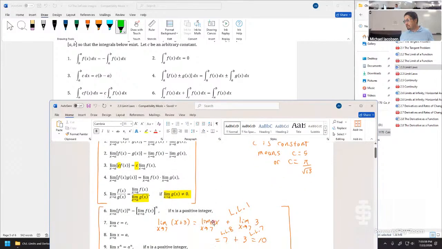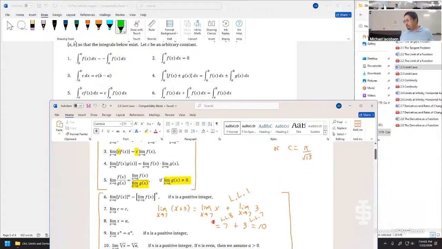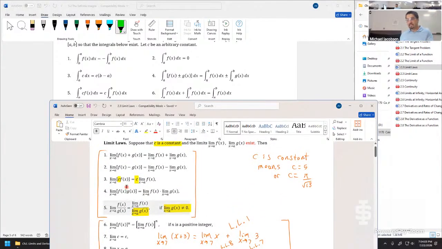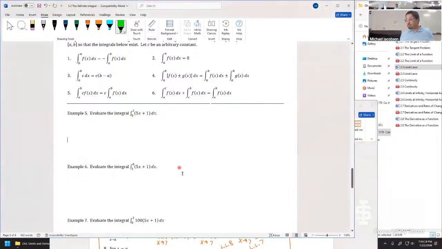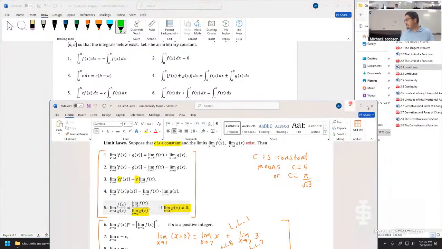Why does that work? It's because of property number 3. The integral right here is just a limit. So you're taking a limit of a constant times a function. You can take out the constant, take the limit of the function, and that's the heart of what's going on with this property. So lots of other properties we'll take a look into when we come back next class.